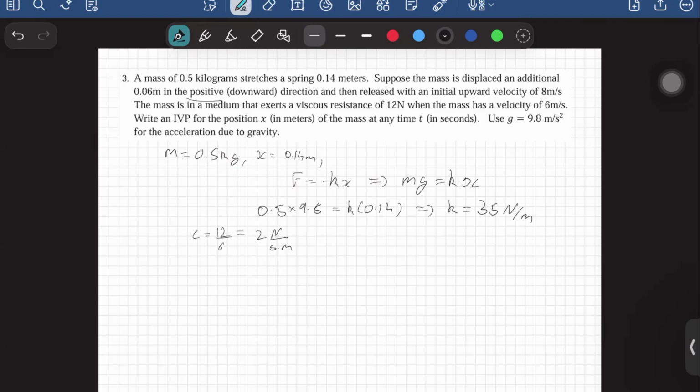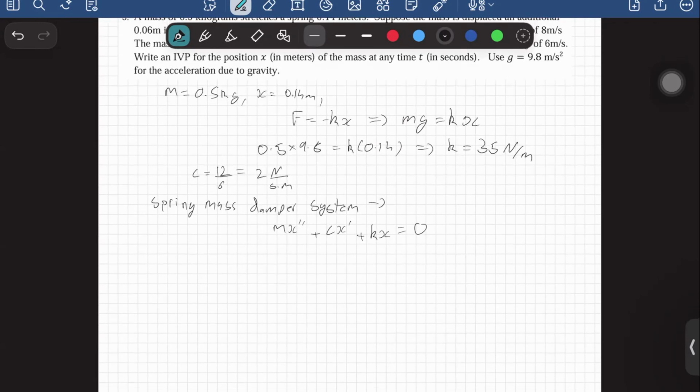And basically everything is given to us right now, and we can just write the differential equation. According to the spring mass damper system, it is m x double prime plus c x prime plus k x equals 0.